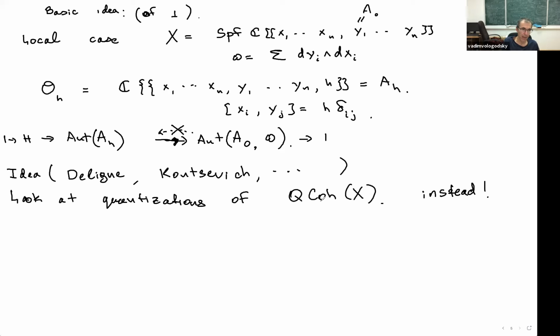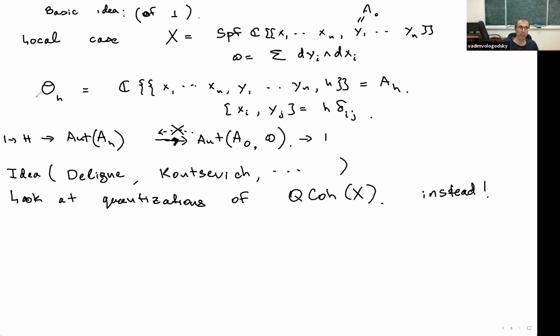But not every quantization of this category comes from a quantization of algebras. It happens that quantizations of categories are easier to construct. The description of these quantizations is cleaner. On the other hand, the relation between quantizations of algebras and categories can also be understood.